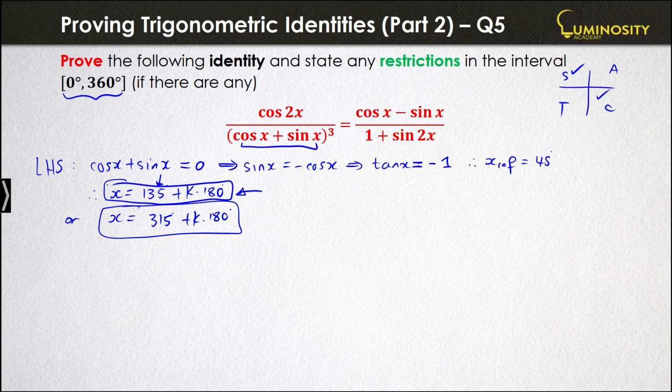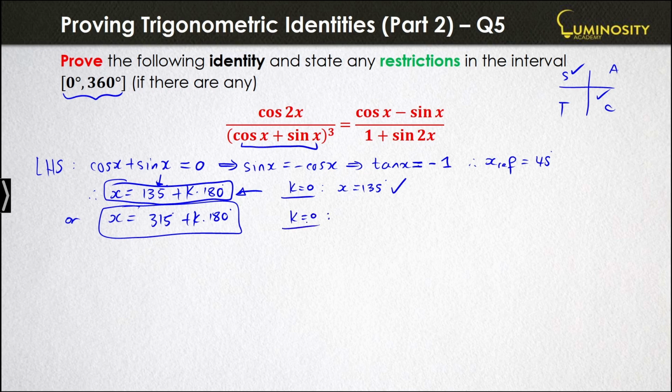So if I put k equals 0, I'm going to get 135 degrees, which is inside that given domain. If I put k equals 2, then we'll be outside here, so anything greater than 2 won't work. And if I put negative values for k, I'm going to get negative values for x, and that's outside the domain. So that's the only applicable value here.